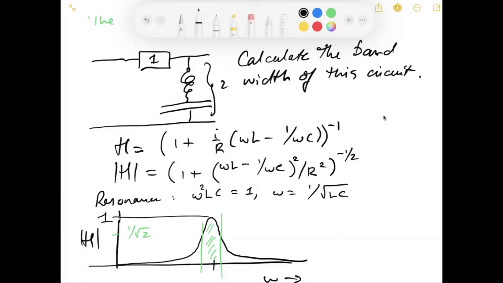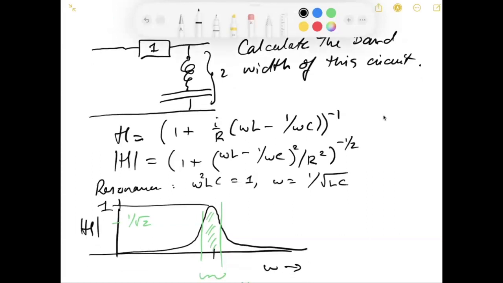So you don't need to multiply by the complex conjugate and all that stuff. You just take the thing in the denominator, a straightforward Cartesian complex number with a real part and an imaginary part. You square them, add them, and take a square root. And of course, it's still 1 over that.